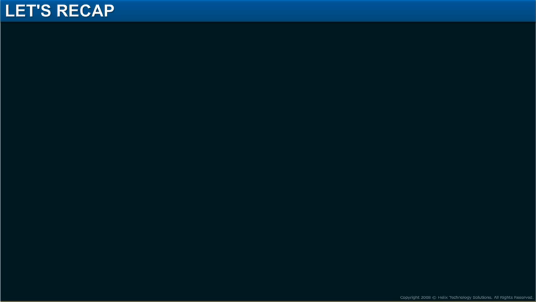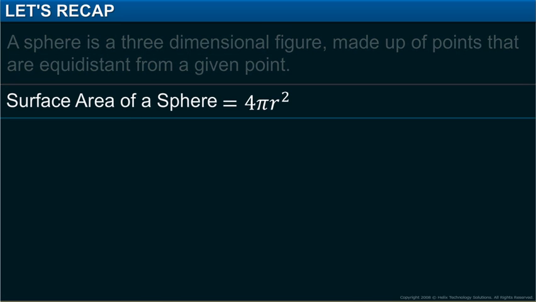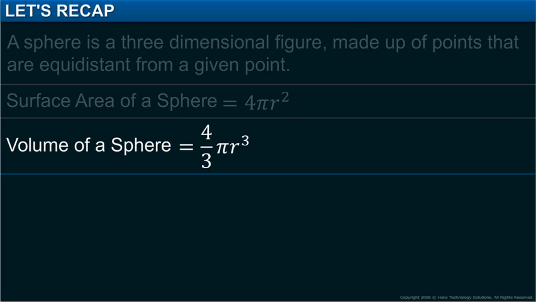In this module, you learnt that a sphere is a three-dimensional figure made up of points that are equidistant from a given point. The formula for the surface area of a sphere is 4 pi r squared. The formula for the volume of a sphere is 4 divided by 3 pi r cubed.